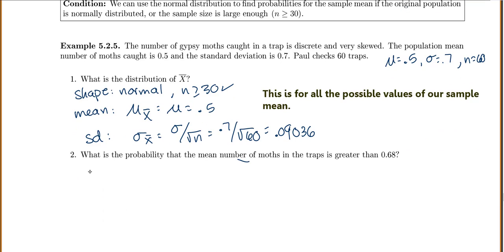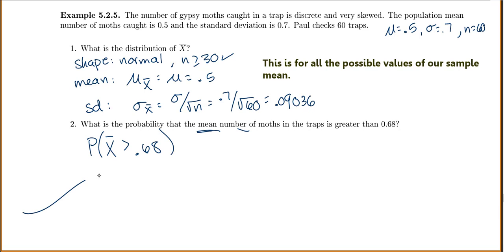So what's the probability that the number of moths is greater than 0.68? The mean number. So probability that x bar is greater than 0.68. So the average per trap is greater than 0.68. So I'm centered at my mean of 0.5. We're looking at 0.68, the probability greater than that. So I'm going to use my normal function.